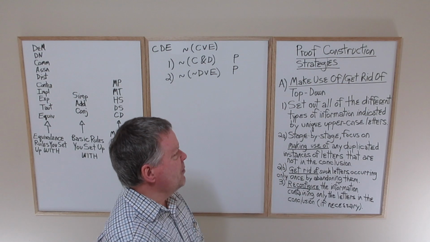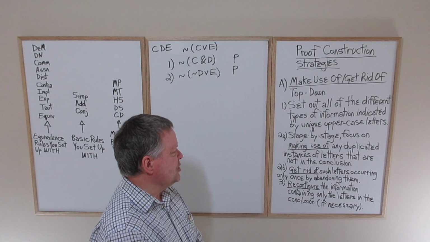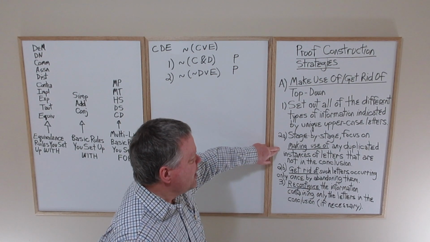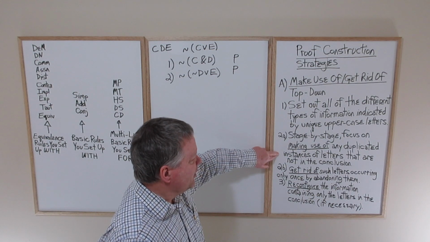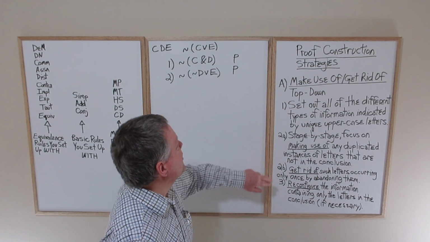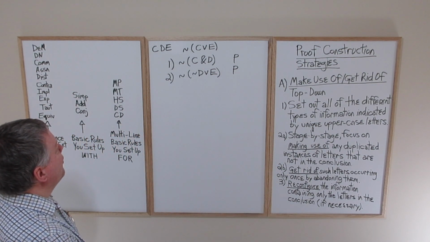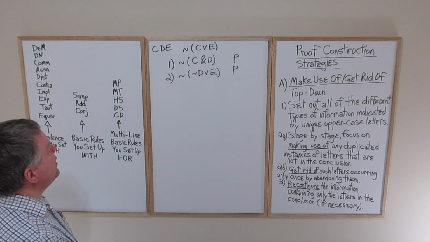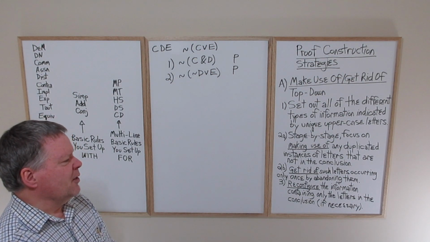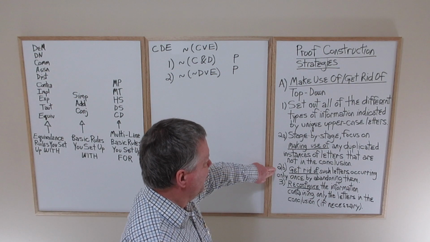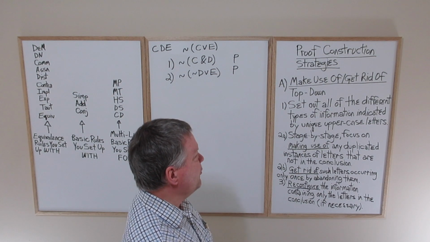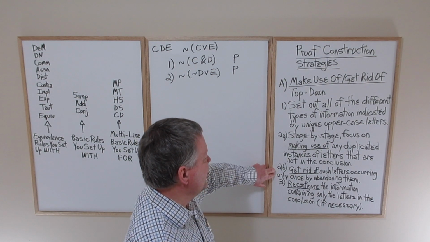The second part of the strategy is stage by stage focus on making use of any duplicated instances of letters that are not in the conclusion. In the conclusion, we've got C and E related information, and we've got 2 instances of the D related information. For letters that are not in the conclusion that occur only once in the proof, rather than making use of them, we will just be getting rid of them.